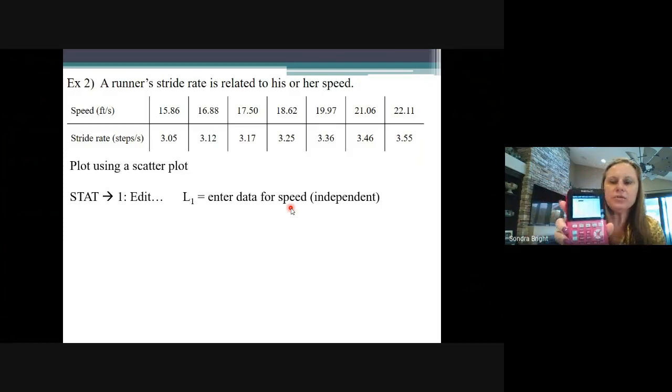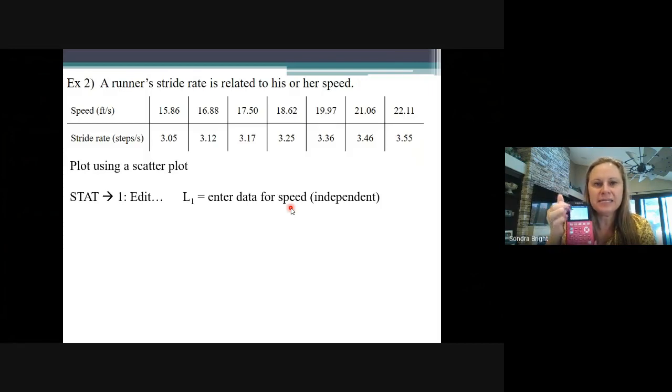You've got two columns, L1 and L2. My calculator was already under L2, so I'm going to arrow over to L1. Under L1, we're going to put in our independent variable. For this one, speed is our independent variable, so you're going to enter all of those values under L1.